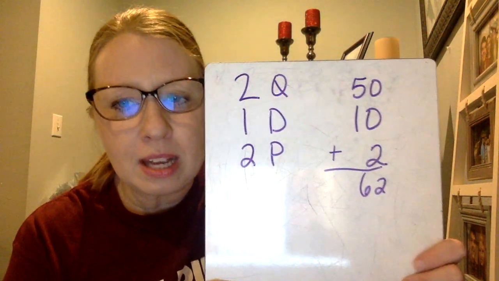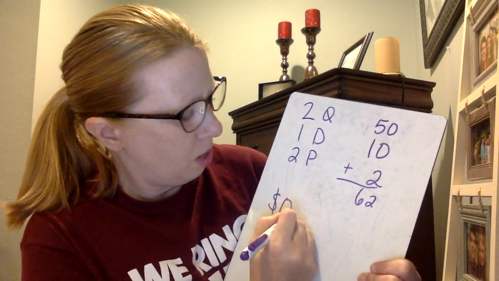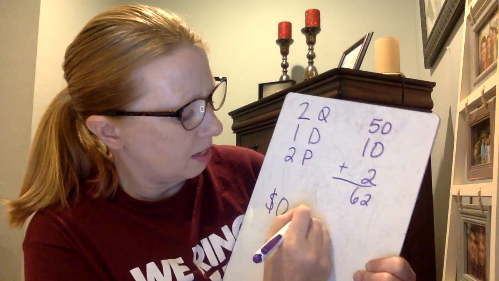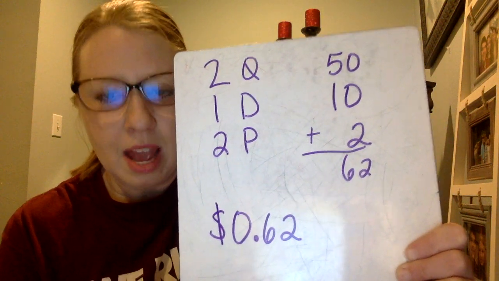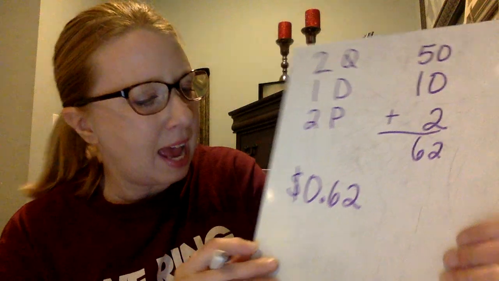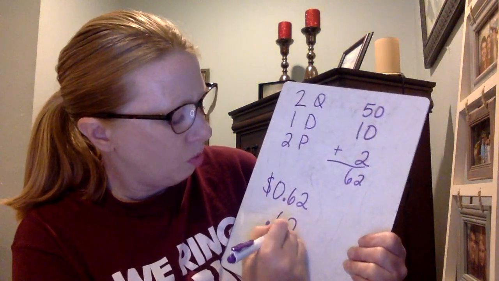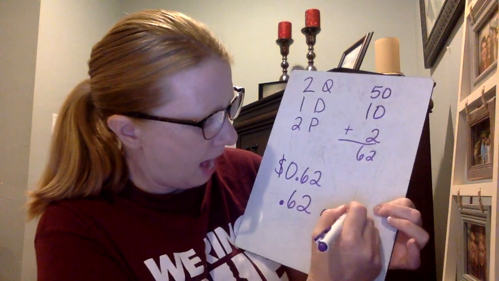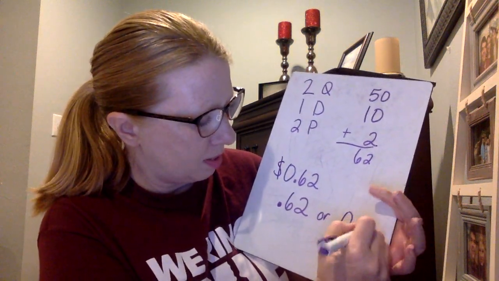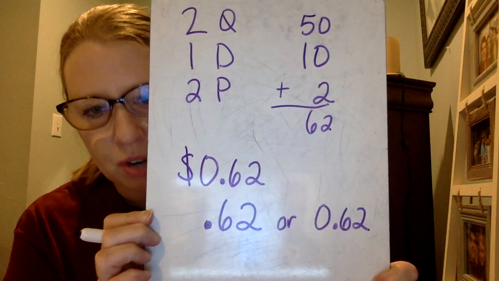Now let's write it in money form. Dollar sign, 0 decimal 62. 62 cents. Now I want you to write it as a decimal. Well, you can either write it as decimal 62, or you could write it as 0 decimal 62, and that is 62 hundredths.